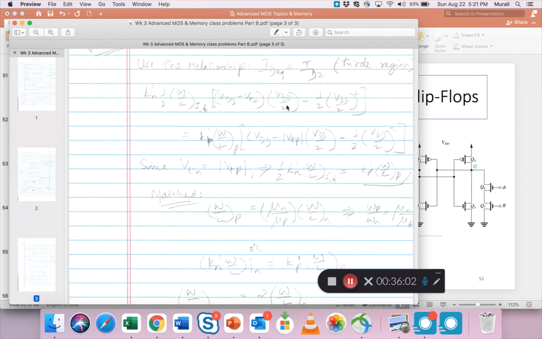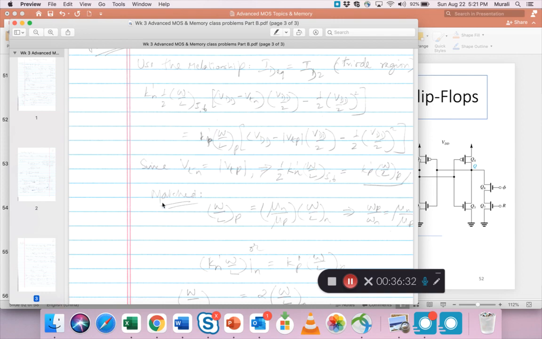If you take Vtn and change it to Vtp, then all this is the same on both sides, so this and this goes away, and then we are left with this equals this, which is what I'm writing here. There's Vtn in this formula on the left side, there's Vtp on this side. Since they are equal, this whole thing and this thing cancel on both sides, and you end up with this relationship.